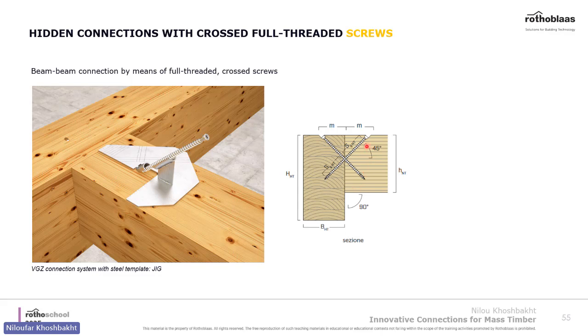If you use a partially threaded screw and apply load in this direction, downward first, this screw works in tension, but the other screw works in compression, and if there is no thread in this area, there is nothing it can hold on to and resist the compression. So we always make sure we use fully threaded screws for this.